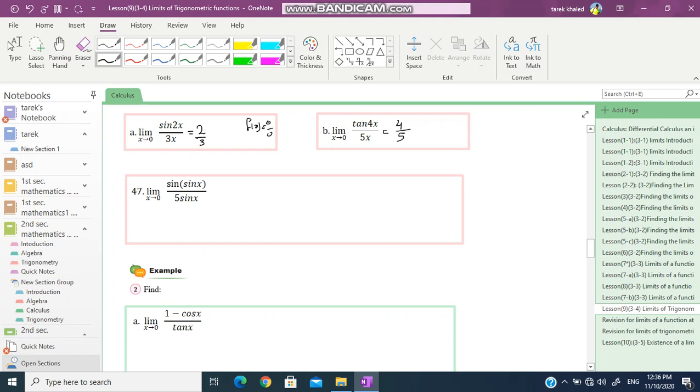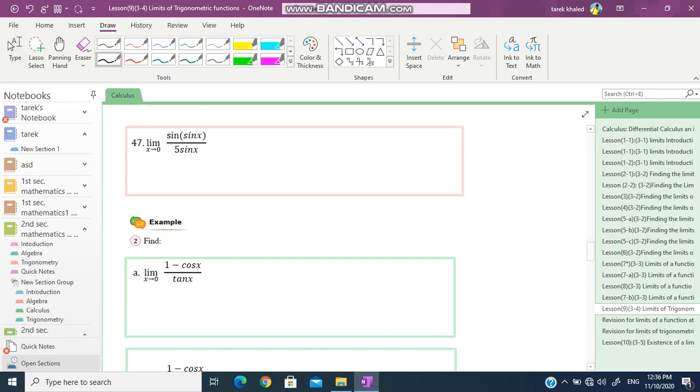Look at this one: sine of sine x over 5 sine x as x approaches 0. I will change the limit of the function by taking sine to both sides: as x approaches 0, sine x approaches sine 0, and sine 0 equals 0.